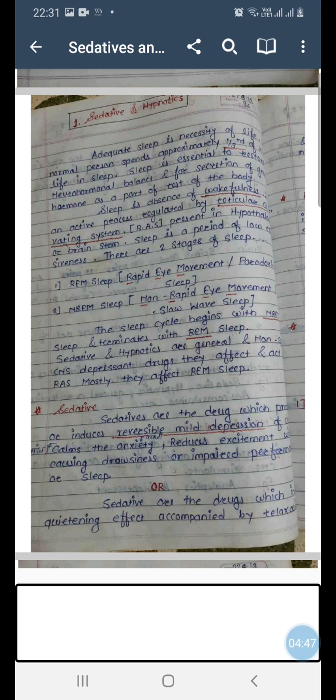Now, a question may arise in the mind: why is sleep essential? If there is a lack of sleep in an individual, why do you need drugs to bring about sleep in him?